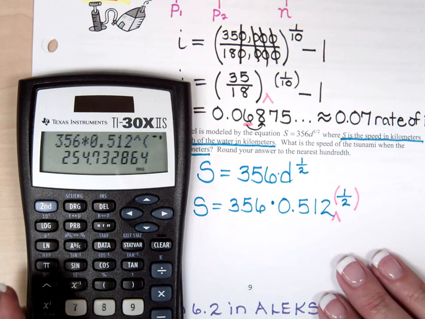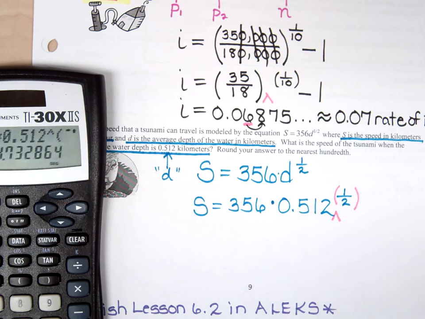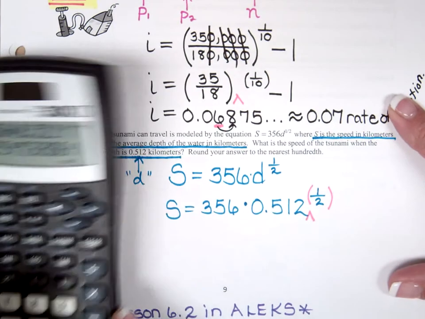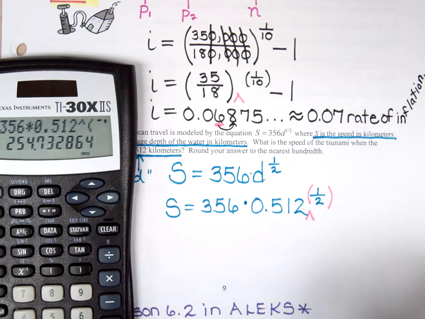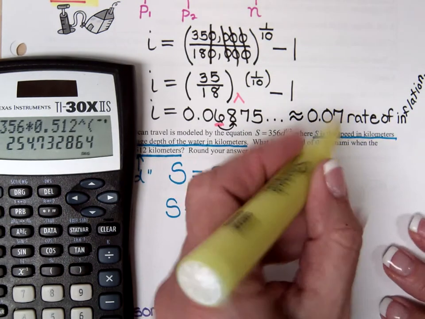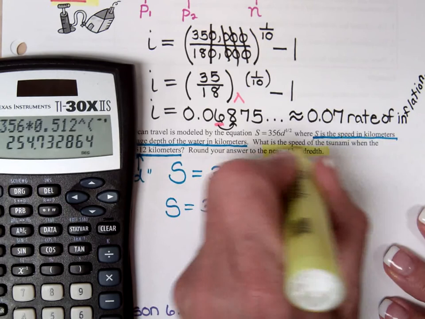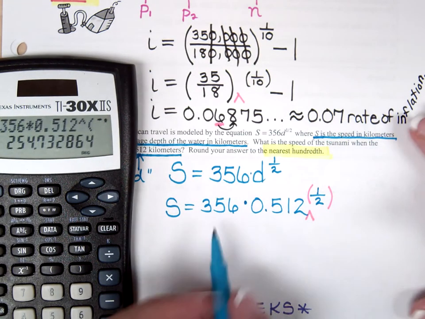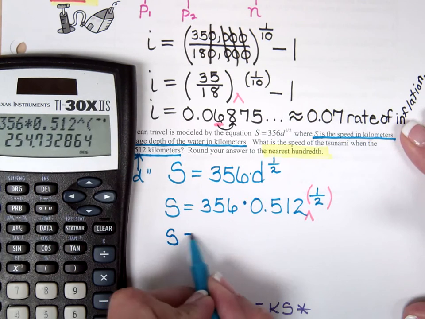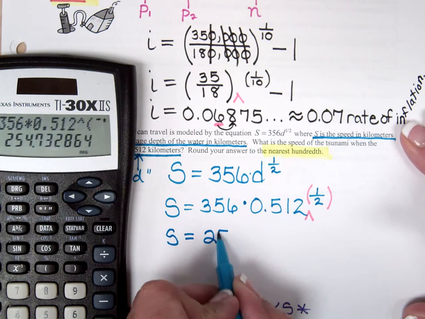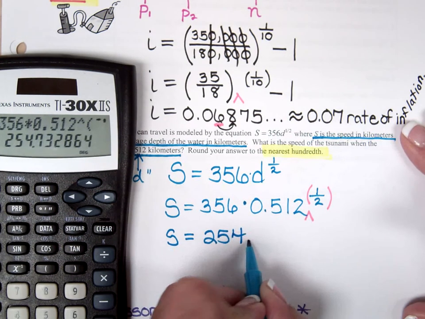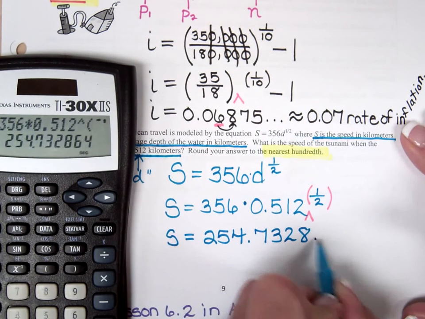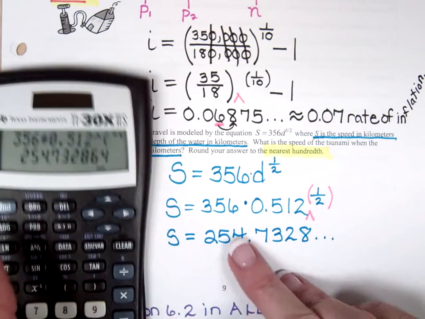So again, we have to round to the nearest hundredth. So that reminds us we need 2 decimal places. So S equals 254.7328 and on.